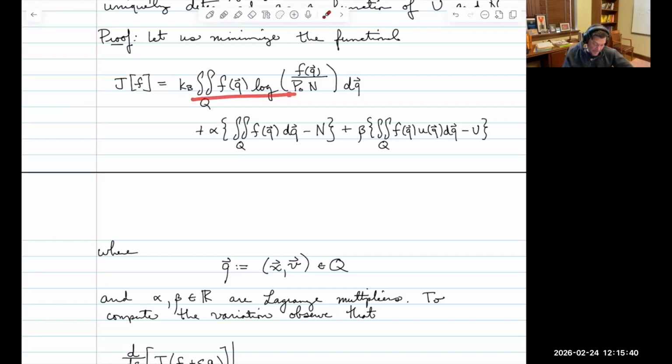And so here's minus the entropy function, and this is my constraint for the total mass, and this is my constraint for the total energy.